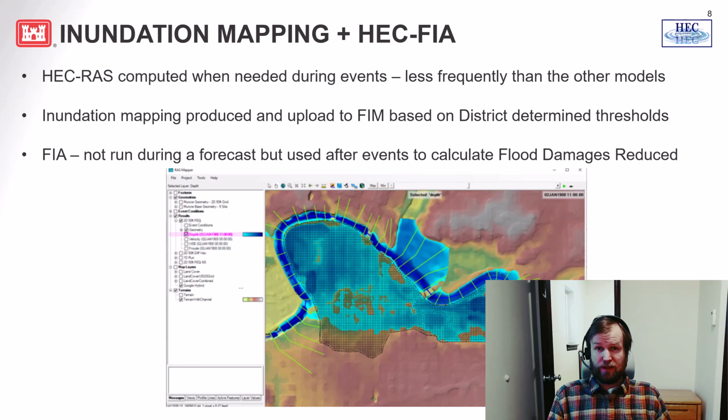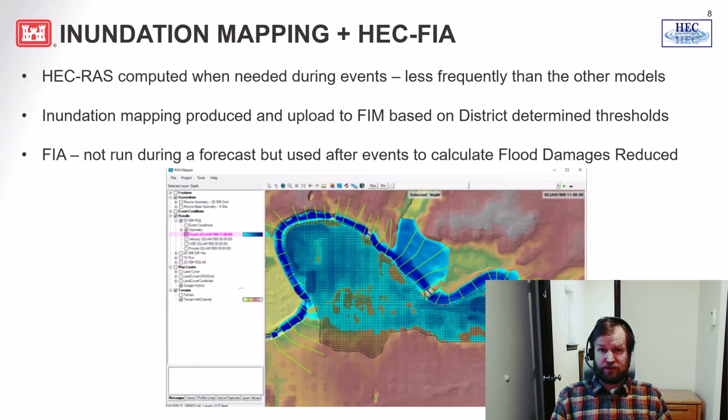If there's a large flood where downstream flooding is likely, then the district would add that to their routine. So these inundation mapping products are produced and then uploaded to the flood inundation mapping viewer based on district determined thresholds.